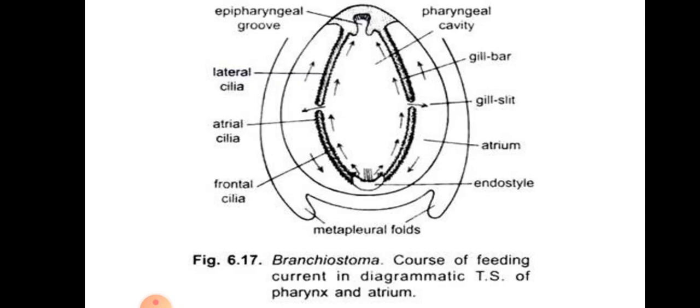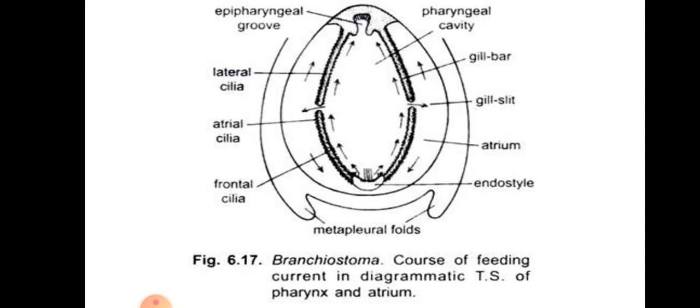And if you observe this diagram, this will give you an idea as to how the food-laden mucus card moves in the pharyngeal cavity. Inside the pharynx, the food particles get entrapped in the mucus secreted by the glandular tracts of the endostyle and by the pharyngeal epithelium.